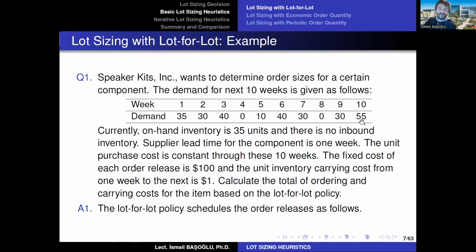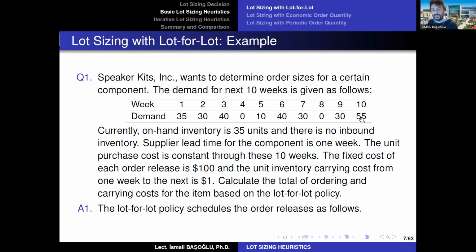Let's just say in this problem, instead of ending up with 0 units of inventory at the end of the 10th week, we want to end up with 10 units. In that case, you can adjust the demand of the last period from 55 to 65. If the manager wants to end up with 20 units, then 55 must be adjusted to 75.